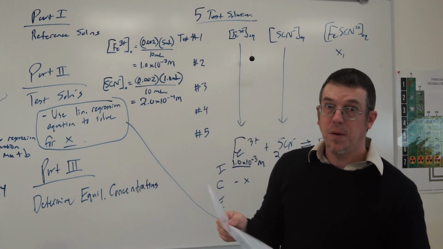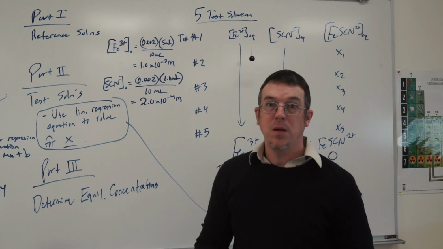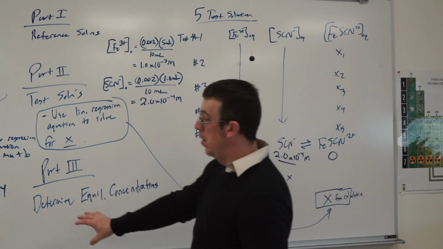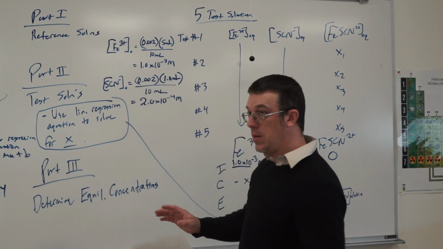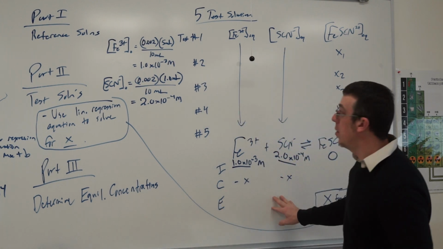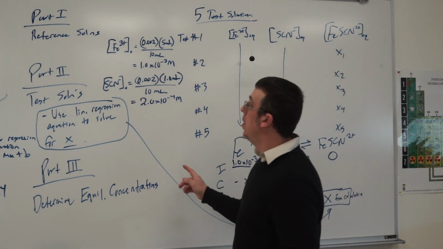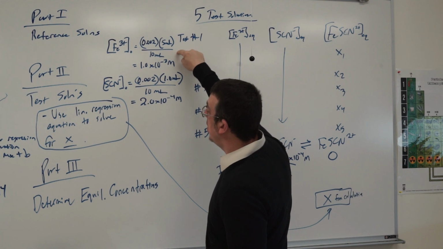So there's no limiting reactant here, which means you have to do something a little different. We can't just say this is the equilibrium concentration for the iron thiocyanate. That's not how it works, so we're going to have to use the ICE chart to figure that out.